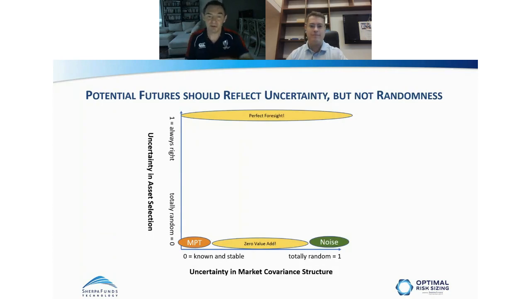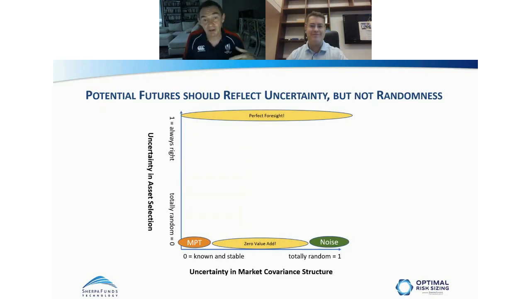And you can plot them out on this kind of graph. On the y-axis, you can look at how good you are at asset selection. If you're up at the top, the highest number on the y-axis, basically you know everything that's going to happen in advance. Well, well done. You don't need us. Just give me a call.